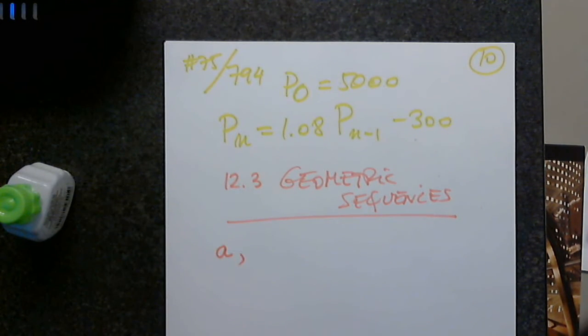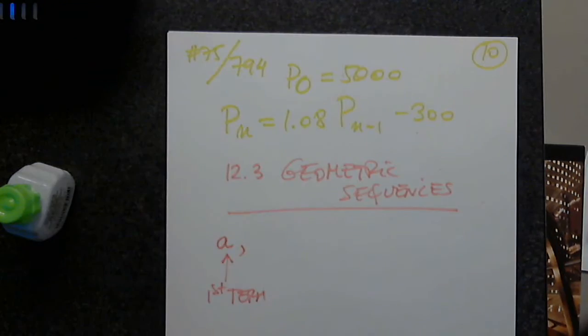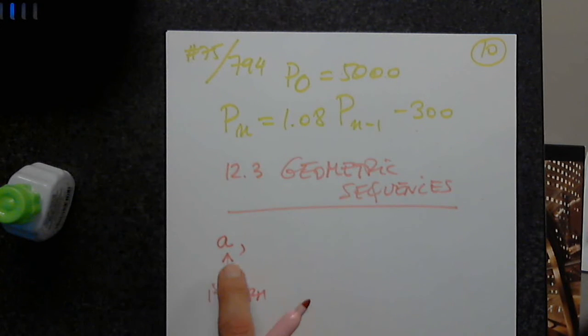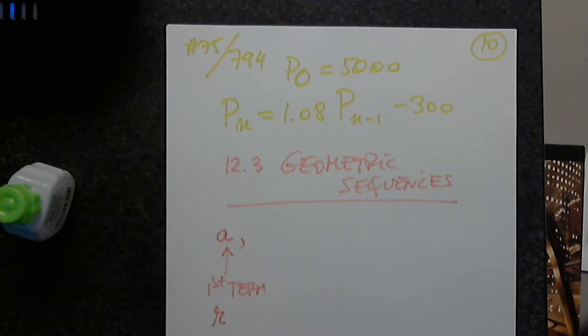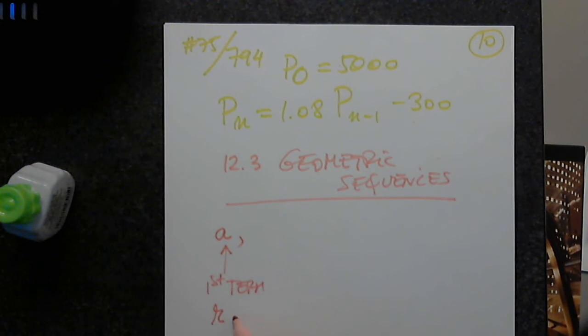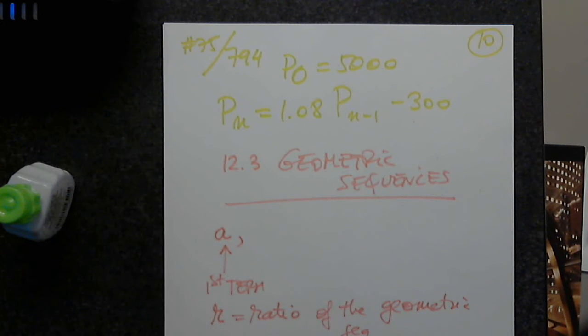But the next term, so this is the first term of the sequence, it can be anything. But for this to be geometric, the second term is obtained multiplying the first term by a number. And that number is denoted by R, and it's the ratio of the geometric sequence.